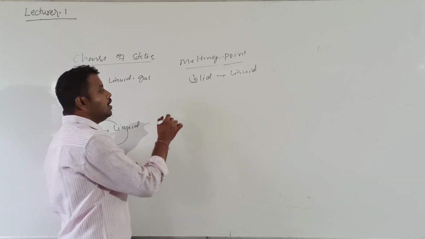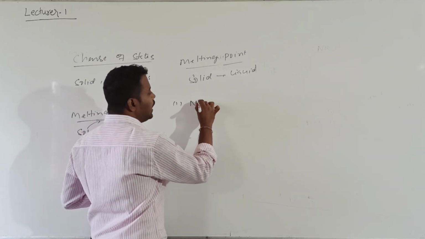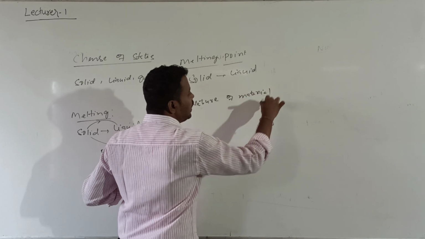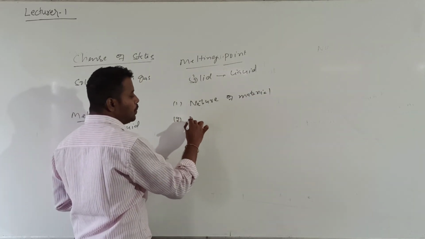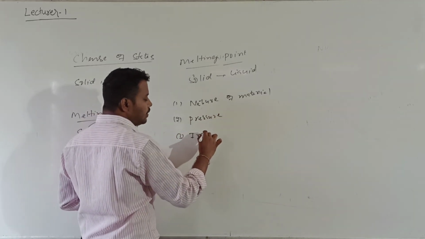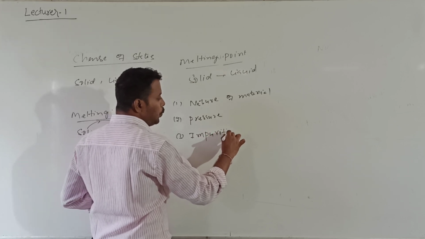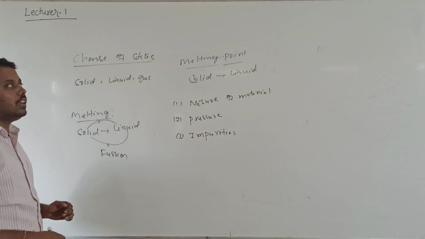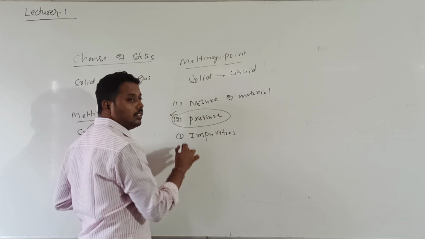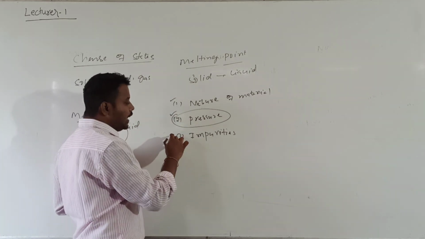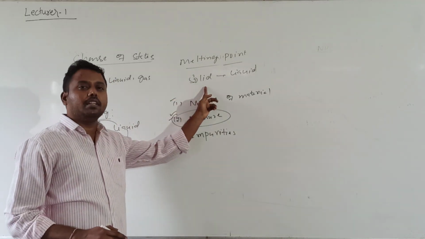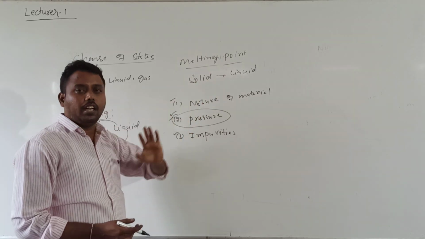It depends upon the nature of the material, it depends upon the pressure, and it depends upon the impurities present. Impurities will also affect the melting point of a solid. The pressure point is very important for us. So melting point is the temperature at which the solid is converted into liquid.